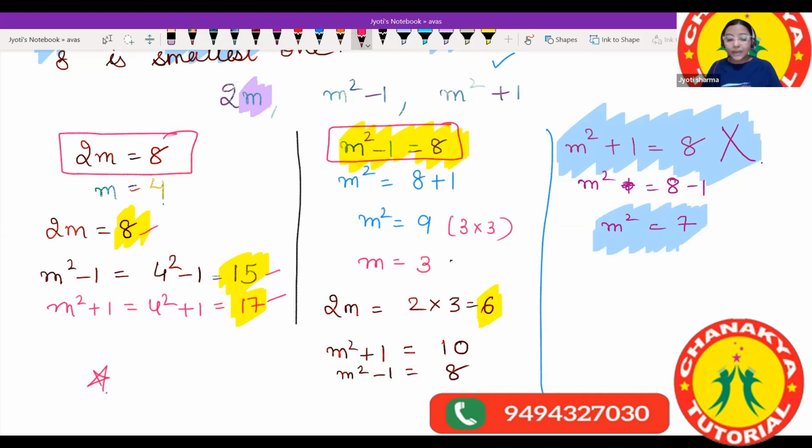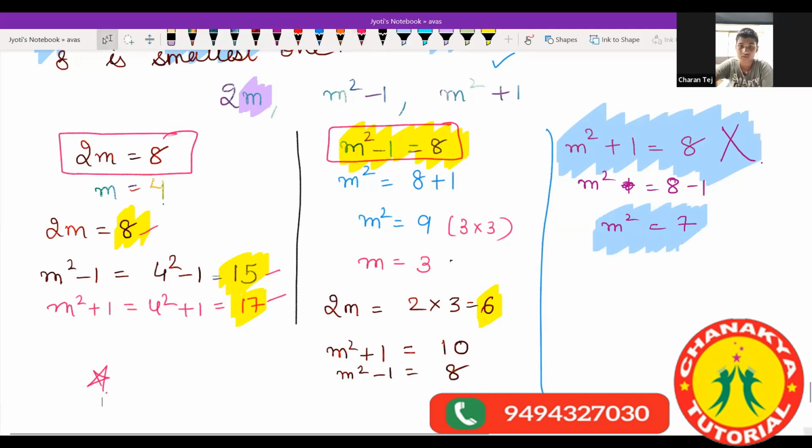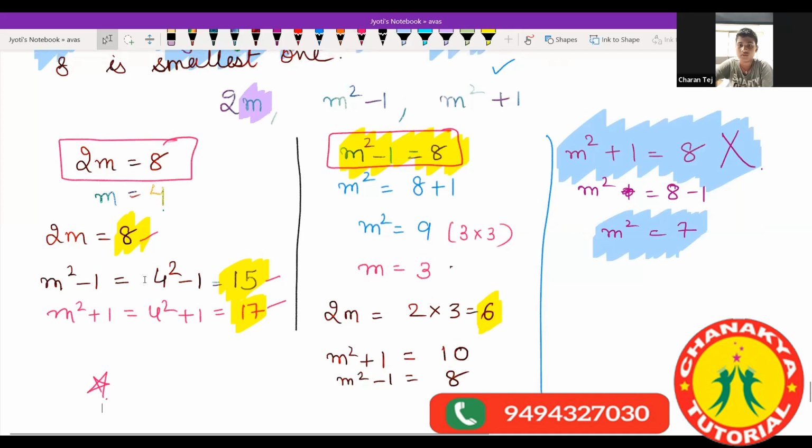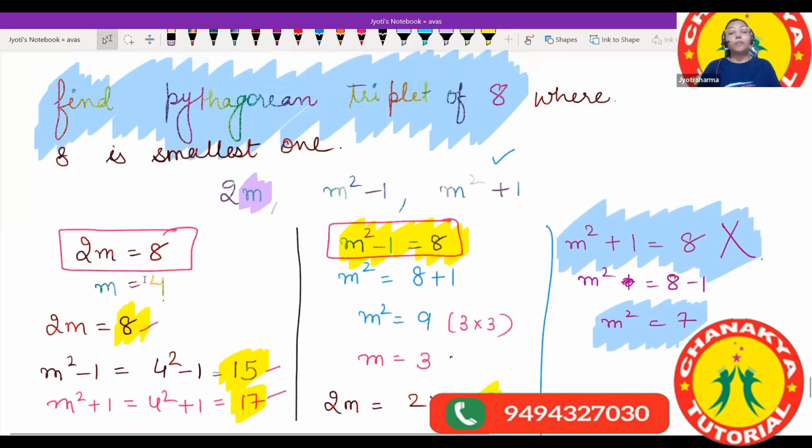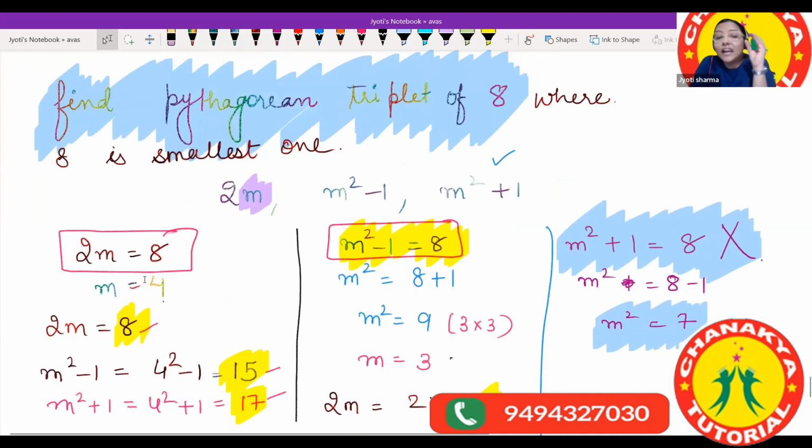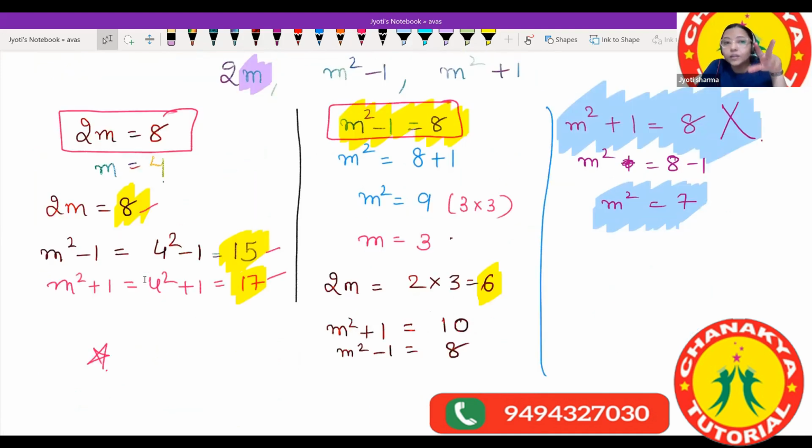Did you get it? Yes, ma'am. All right. See, earlier I told you to find the Pythagoras triplet of 8. I did not give you any condition. So you can pick any equation of your choice, equate your number, and get another triplet.